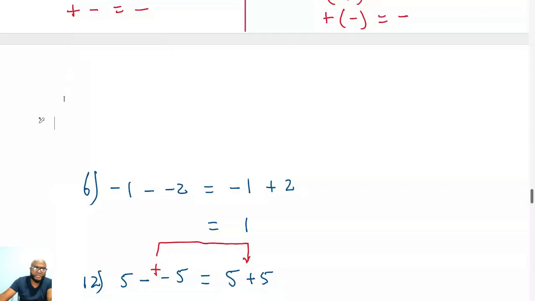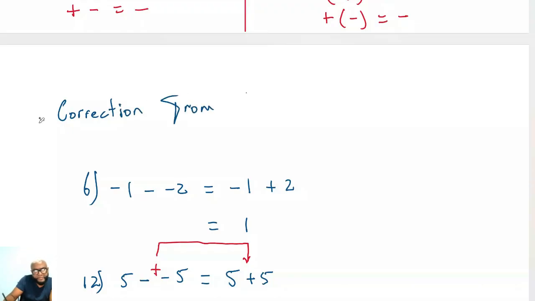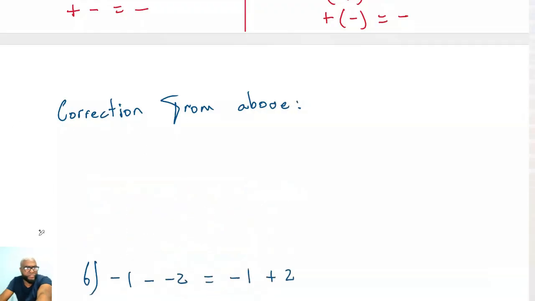So this is correction from above, right? Let me go, 46. I find it looking too jumbled up above there. Call out 46 to me, Francis.